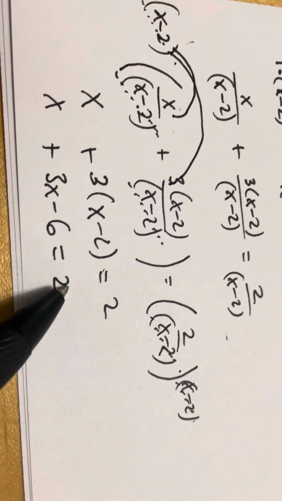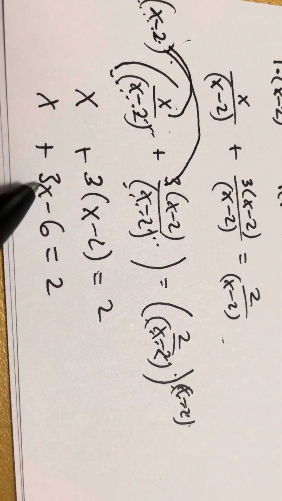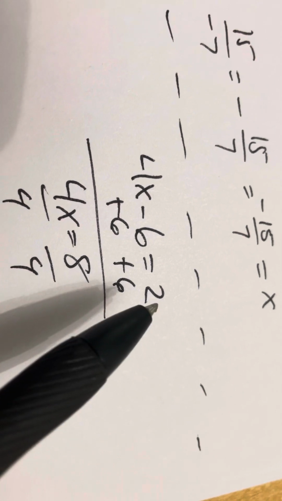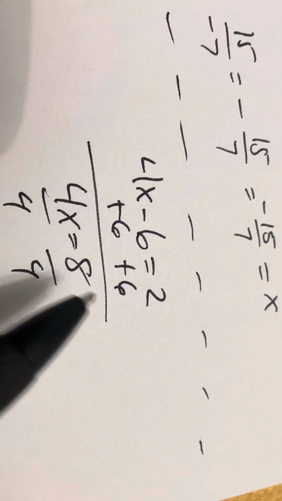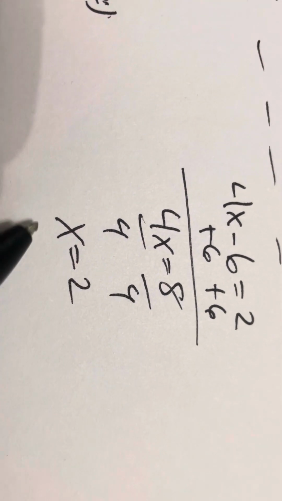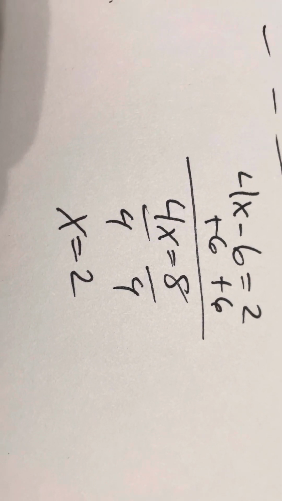Distributing the 3, we get 3x minus 6, and we'll travel up over here, and we have 4x minus 6 is equal to 2. Add 6, 4x equals 8, dividing by 4's, and we get x equals 2.